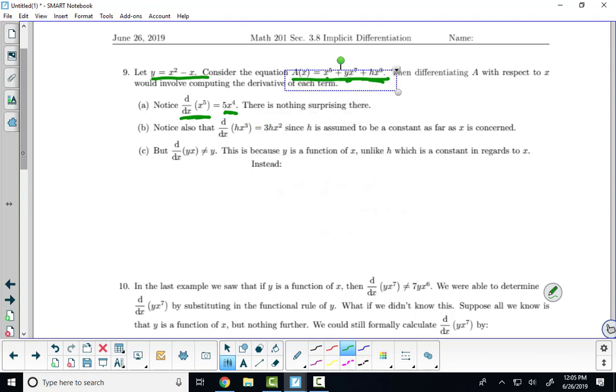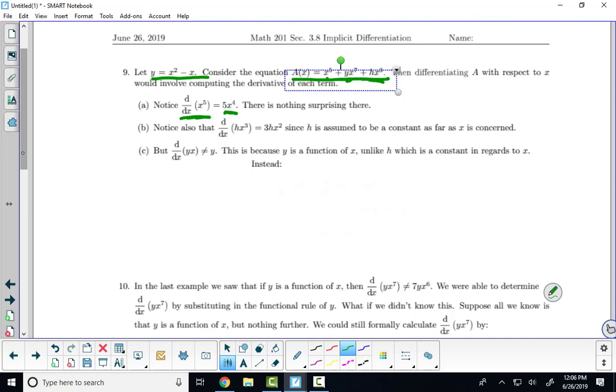It's a constant, right? And what happens with constants when you take the derivative? They just come along for the ride. Okay? So what is the derivative of hx cubed? It's 3h x squared. Folks, are there any questions on that?